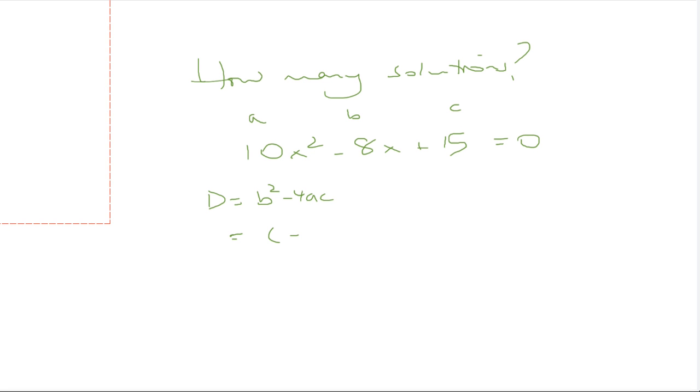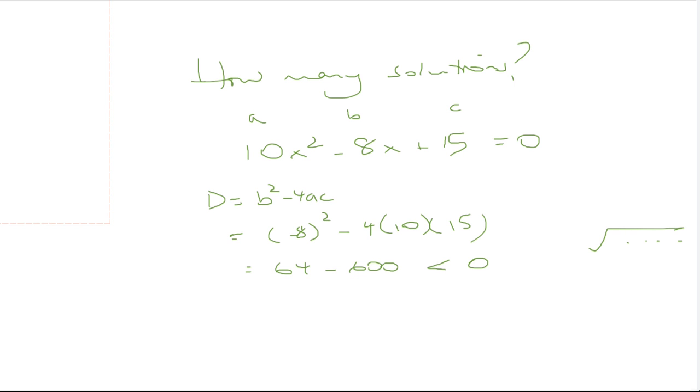So b squared is negative 8 all squared minus 4 times 10 times 15. That's 64 minus this really big number. I guess it's 600. Doesn't matter what the number is. The point is that the discriminant is going to be less than 0. And if the discriminant is less than 0, that means the stuff under the square root sign is negative. We cannot calculate the solution. So therefore, we say there are no real solutions, or you can say there are no real roots.